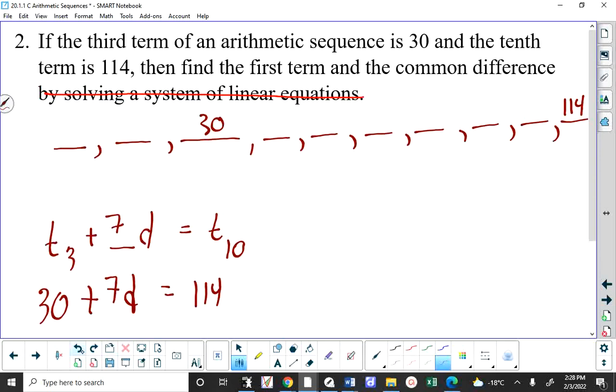I want to say 12. Is it 12? Okay. So then the common difference is 12. I've been asked to find the common difference, so I got that.